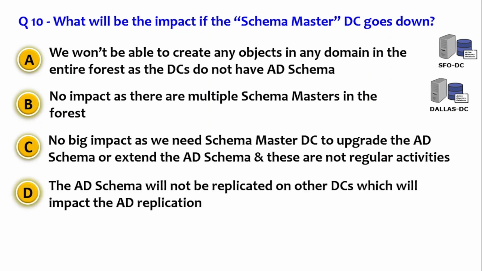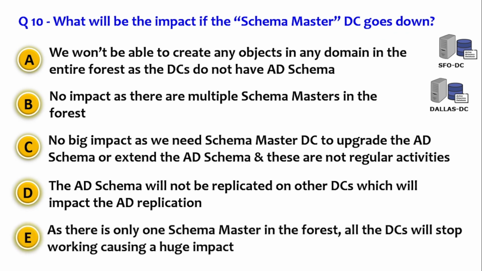Option D, the Active Directory schema will not be replicated on other domain controllers, which will impact Active Directory replication. And option E is, as there is only one schema master in the forest, all the domain controllers will stop working, causing a huge impact. So these are the 5 options for this question.